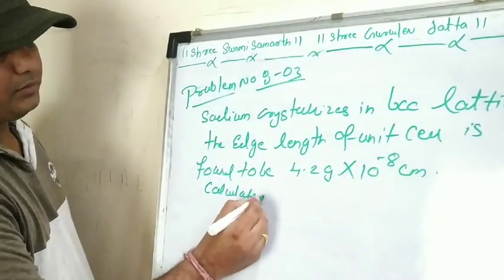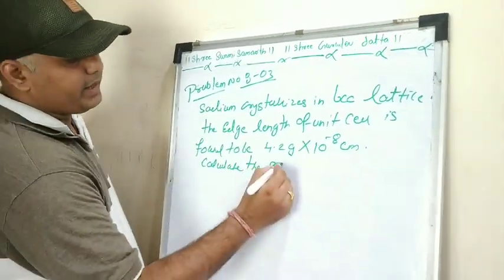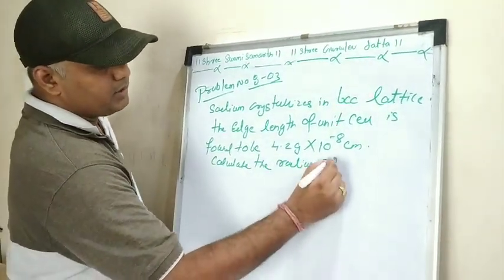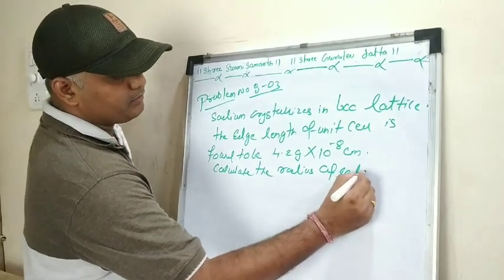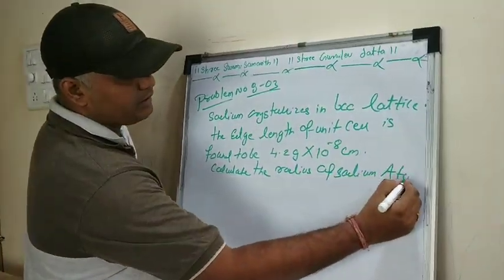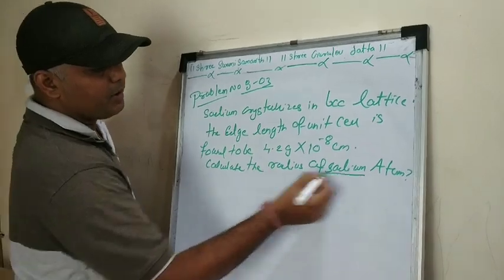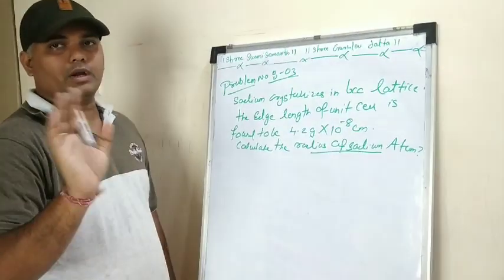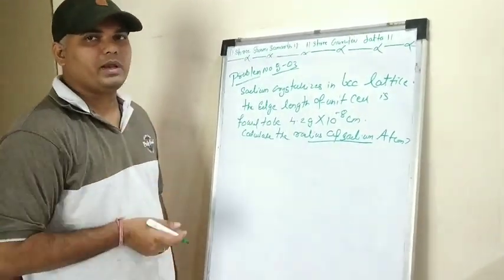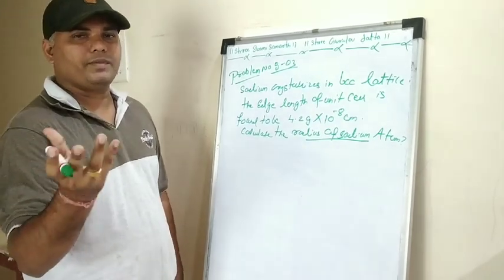Calculate the radius of sodium atom, right? See, here they have asked you about the radius of the sodium atom, not the radius ratio. There is a difference between radius ratio and the radius of the atom, right?